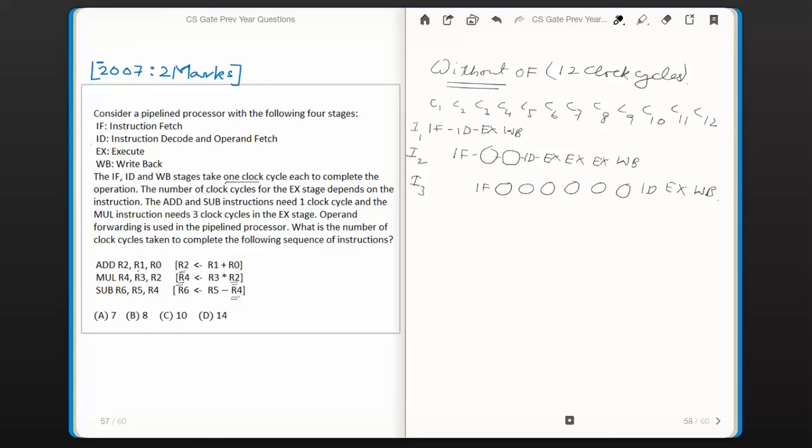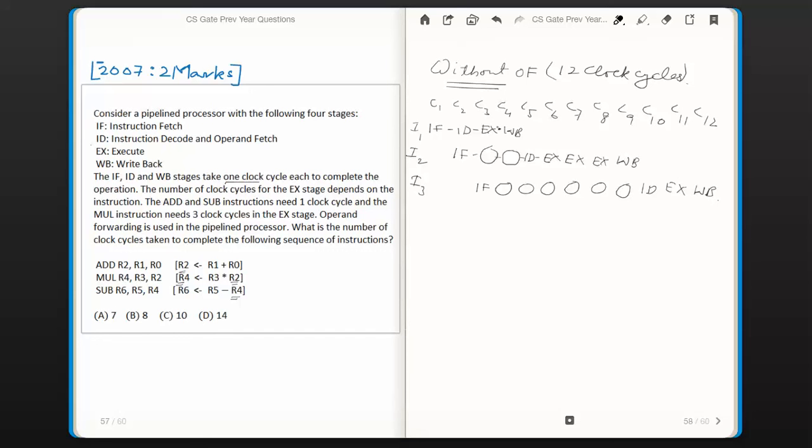So see, the value on which the second instruction is dependent is the value of R2, and the new value of R2 is produced after the execution stage, that is the arithmetic logic unit's output actually contains the new value of R2 even before the write back stage is completed. The new value of R2 is actually present over here, that is at the output of the arithmetic logic unit.